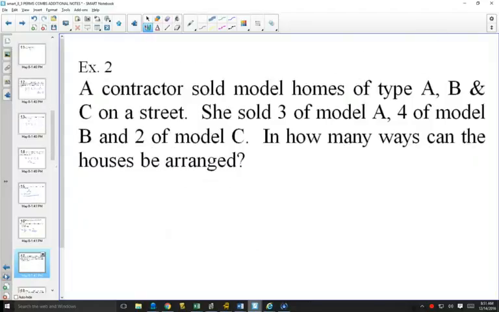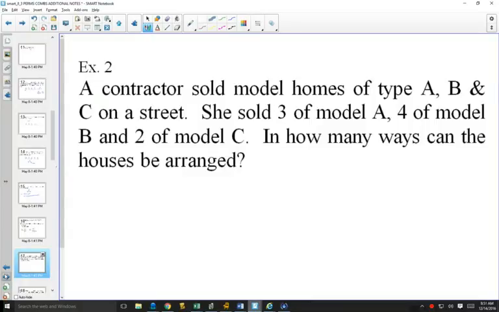So here's our next question. A contractor sold model homes of 3 different types, 3 of model A, 4 of model B, and 2 of model C. Then they make a new development and I'm going to put these houses on a street. How many ways could they be arranged?